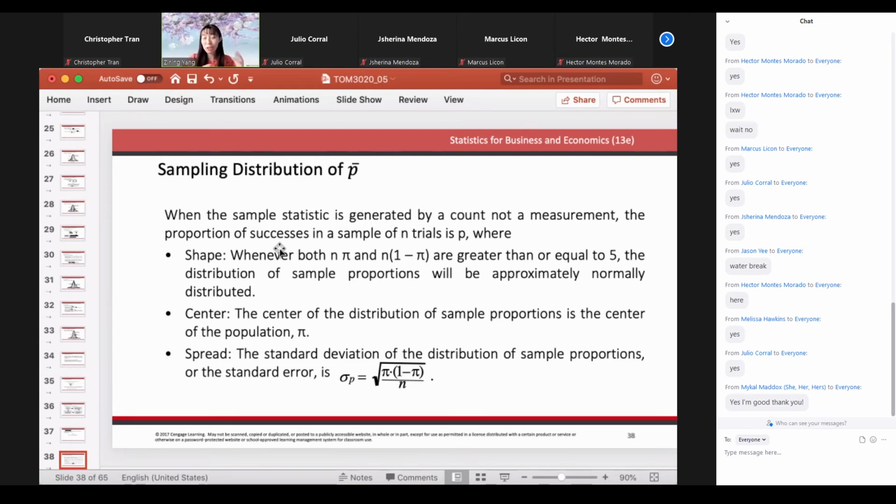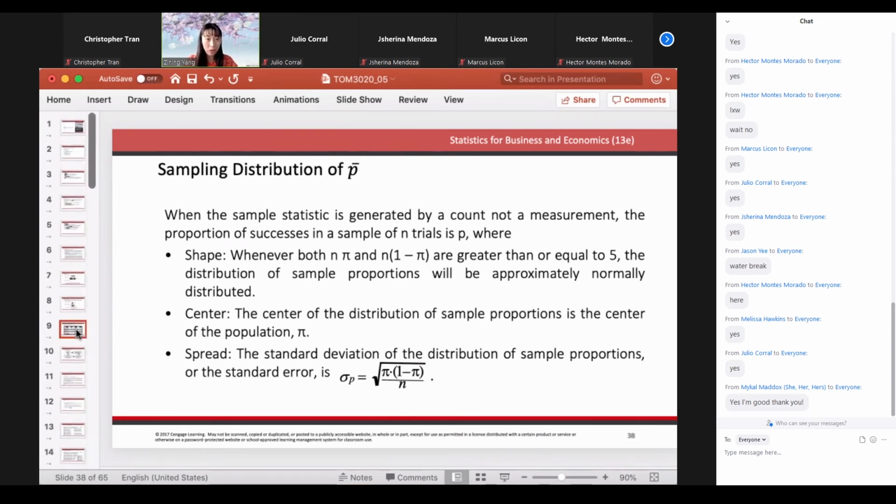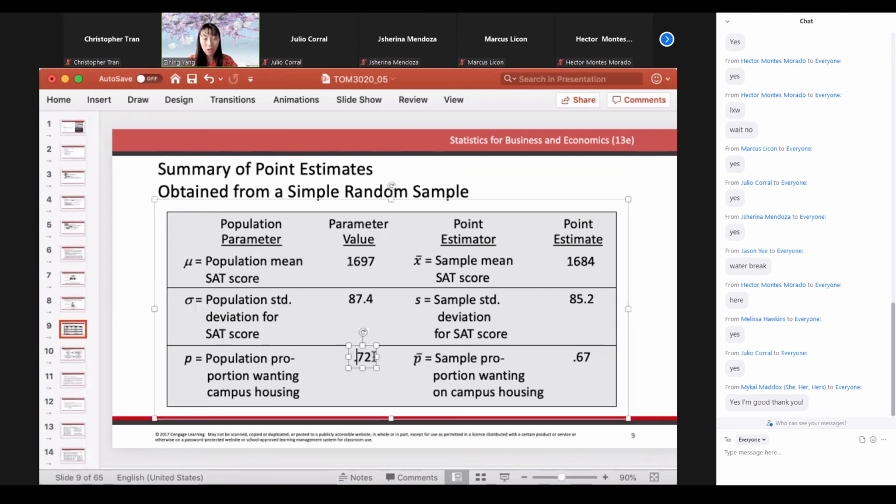Depending on the sample we choose, we are likely to get different proportions. We know that later when all 900 data points are entered in the database, for the population, 72% prefer on-campus housing. So that's the target we want to hit. If we take a sample, we want the sample proportion to be 0.72 or as close as possible.